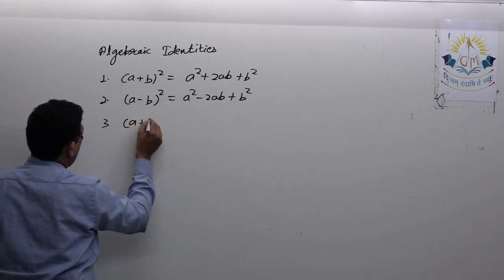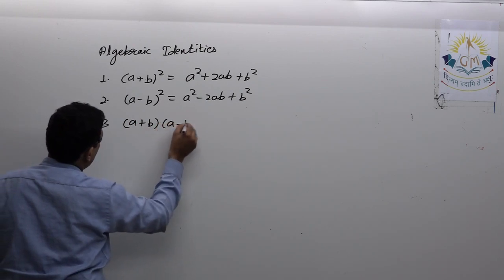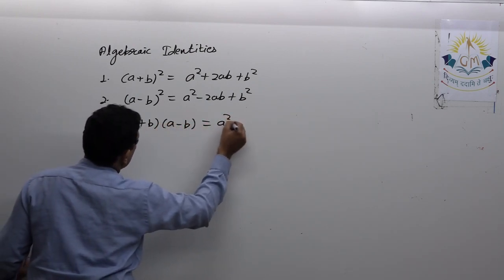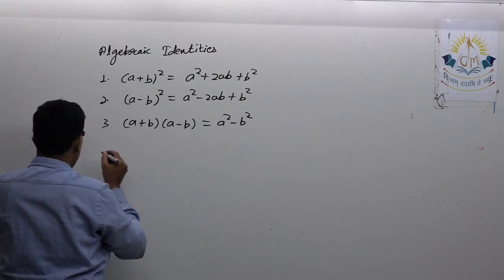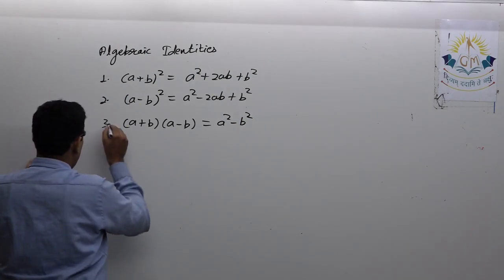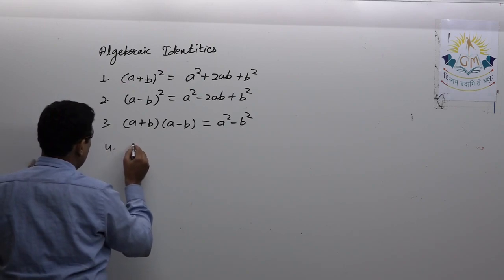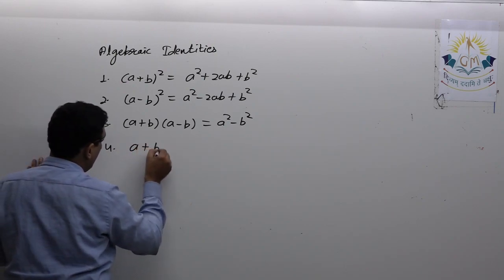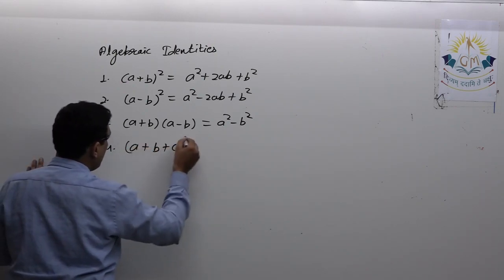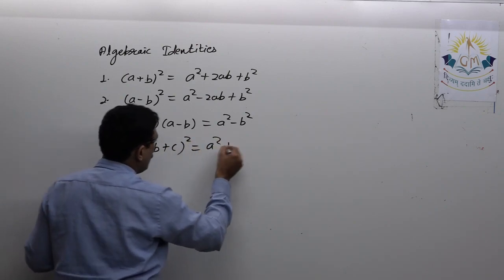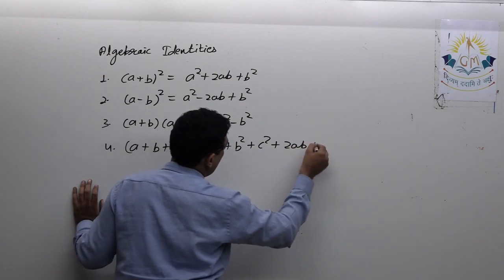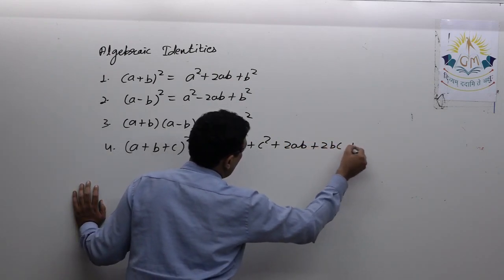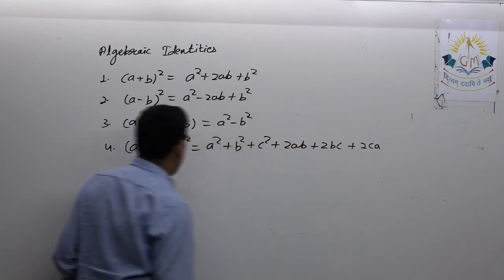Third is a plus b into a minus b, that is a square minus b square. Fourth one is a plus b plus c whole square, that is a square plus b square plus c square plus 2ab plus 2bc plus 2ca.